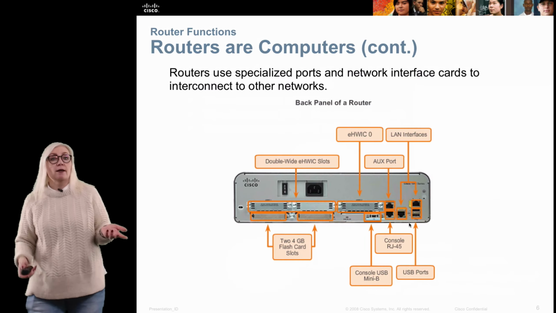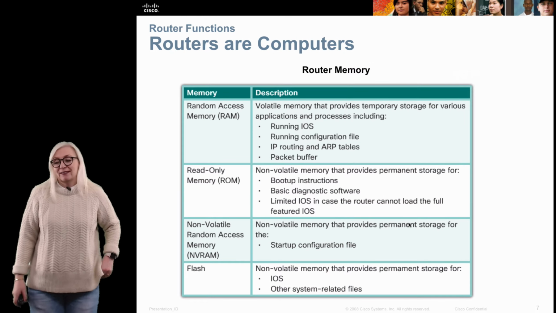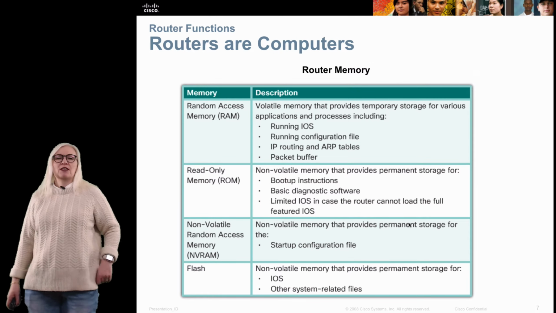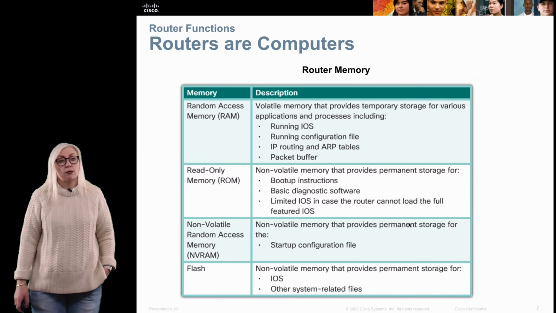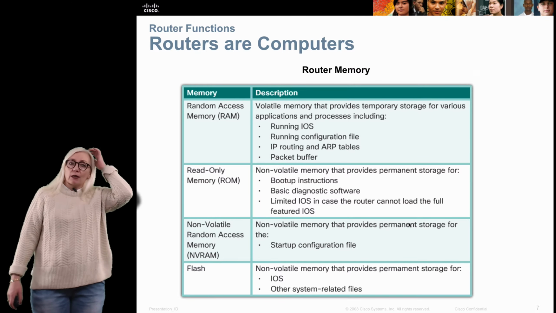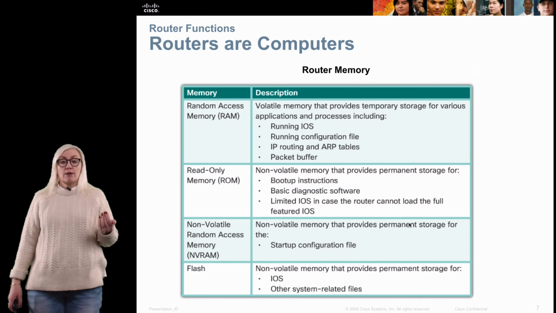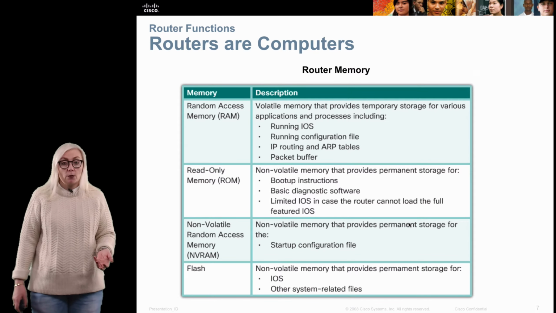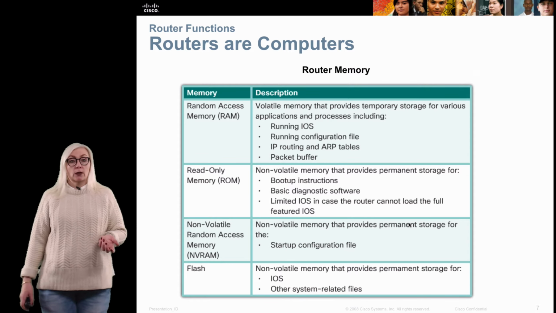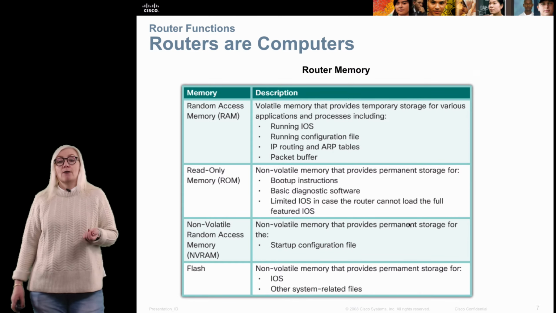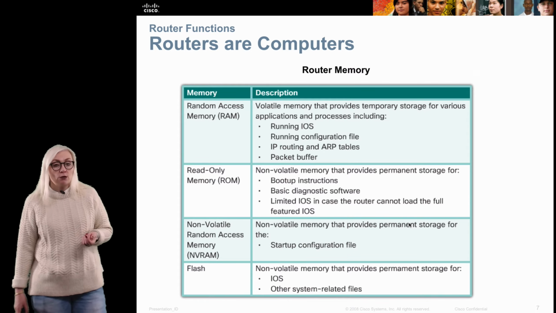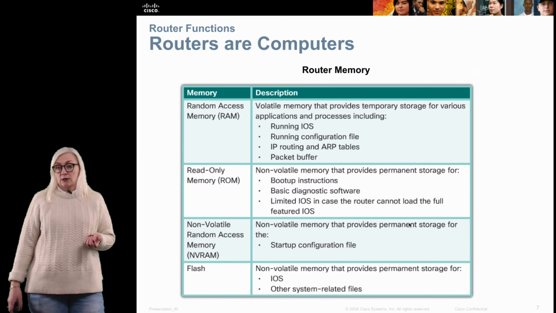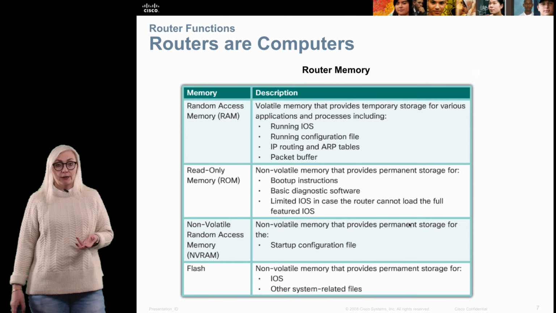So that is the physical appearance of a router. If you look at the memory in the router, you will see that it has different types of memory. Like in the computer, we have the RAM. This is our working memory where it stores all the working information, for instance the running IOS, the operating system, the configuration file we're running on, different tables like the routing table, the ARP table, and other kinds of buffers.